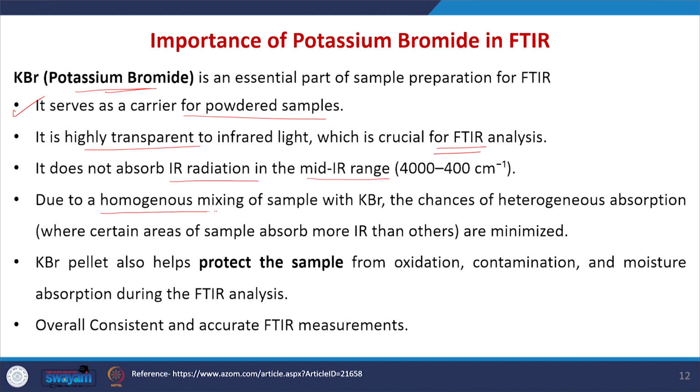And due to homogeneous mixing of sample with KBr, the chances of heterogeneous absorption are minimized. And the KBr pellet also helps to protect the sample from oxidation, contamination and moisture absorption during the FTIR analysis. And it also helps to get consistent and accurate FTIR measurements.